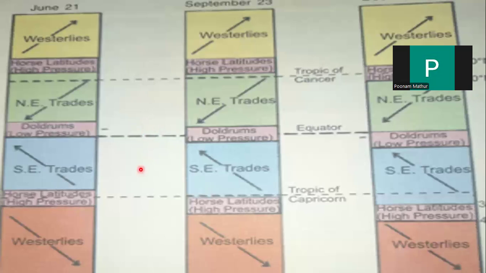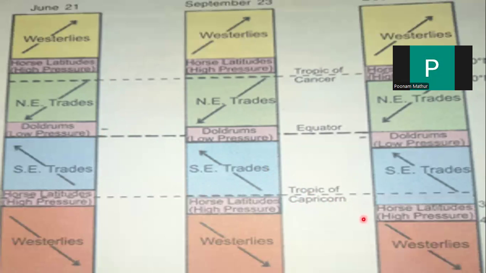During summers, when the sun rays fall vertically at the Tropic of Cancer, these pressure belts shift 5 to 10 degrees northwards. And during the winter season, when the sun rays are falling vertically at the Tropic of Capricorn, these pressure belts shift 5 to 10 degrees south of the equator.